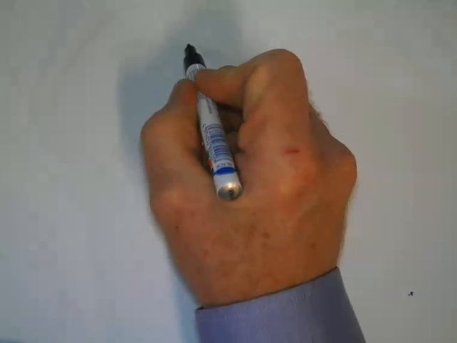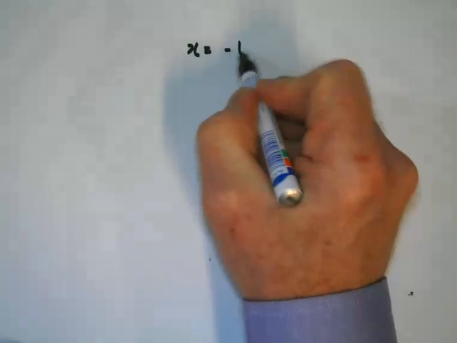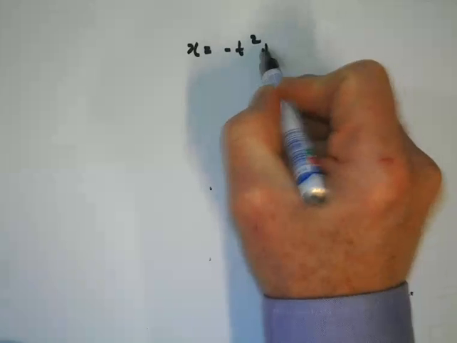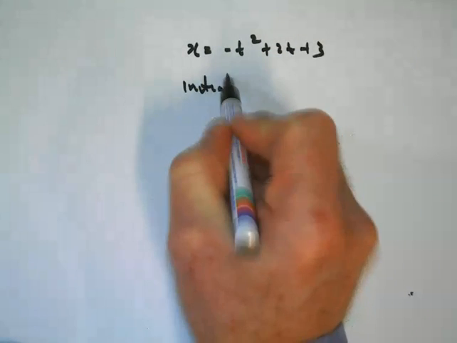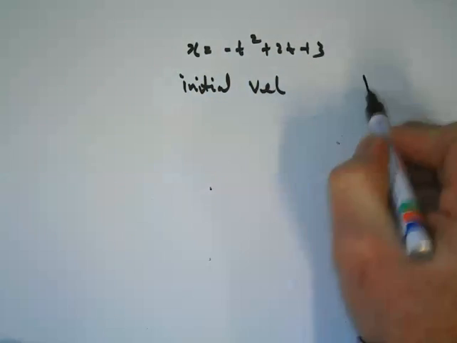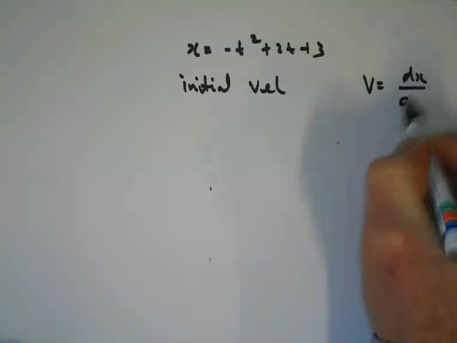Part B says calculate the initial velocity. To calculate the initial velocity, I know that x equals minus t squared plus 2t plus 3. Initial velocity, well, velocity is dx dt.